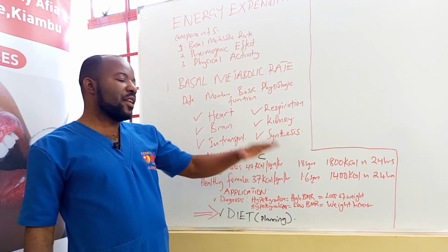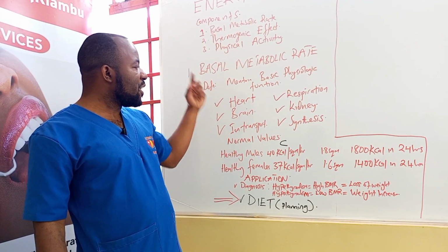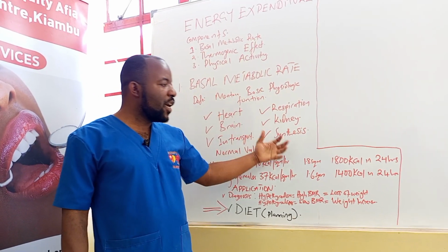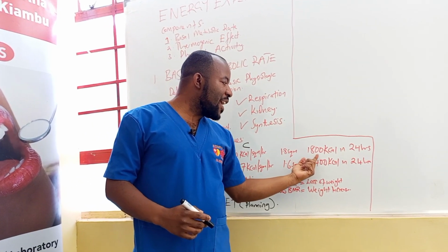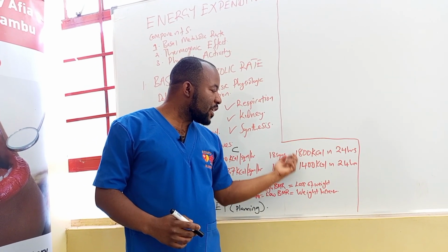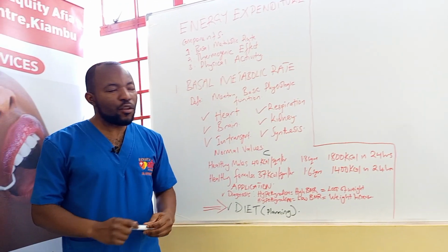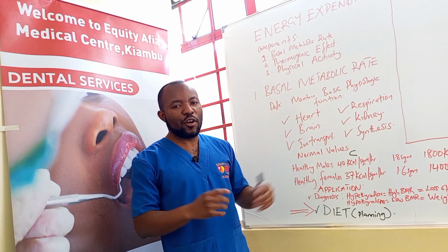The basal metabolic rate, the energy you need to maintain your heart, your brain, your ion transport, your respiration, your kidney, and the synthesis of small molecules, is 1,800 calories. So that is almost half of what you get from 1 kilogram of maize.